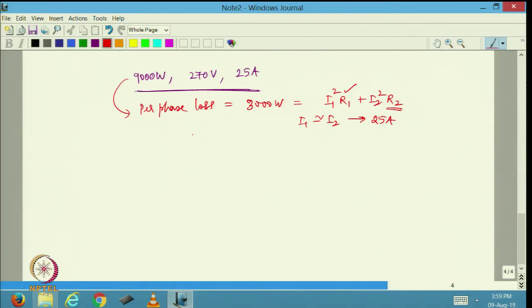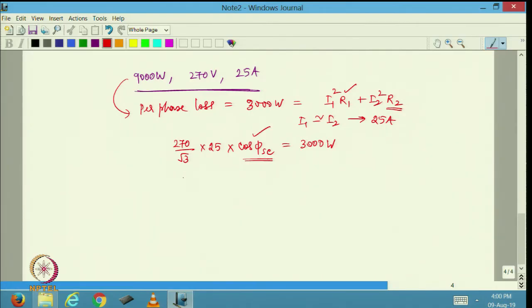So, I should be able to get the value of R2. Let me write like this. Our voltage is 270 by root 3, which is the per phase voltage, multiplied by 25 ampere multiplied by cos phi SC, equal to 3000 watts, from which I should be able to get cos phi SC.